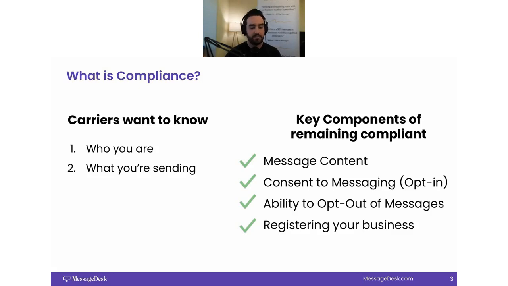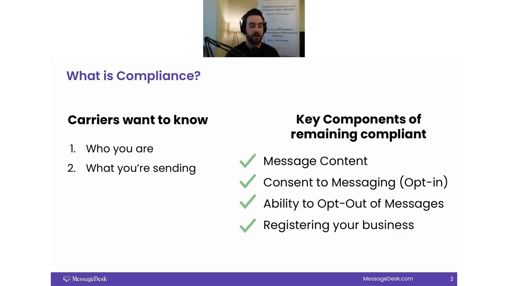And then we have some key components of remaining compliant here. So message content is a key one. There's some types of message content that are restricted, some that you're not allowed to send, and we're going to go over those in just a little bit in this presentation. And then consent to messaging. We call this opt-in a lot. So, your contacts need to give you consent in order to opt in to receiving messages from you.